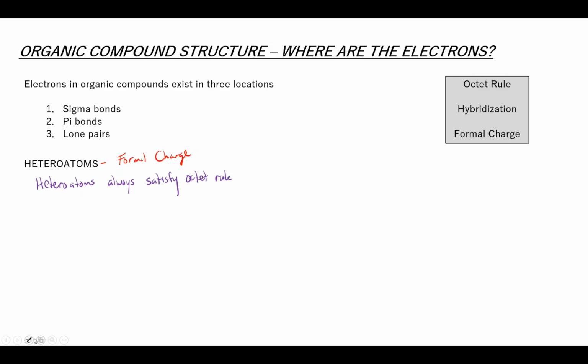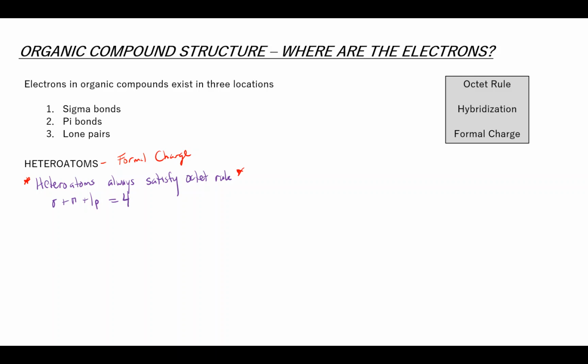Right, this one also gets some stars. This is an important statement. What this means is that any heteroatom will always have four pairs of electrons surrounding it, right? So the number of sigma bonds plus pi bonds plus lone pairs will always equal 4 when we talk about heteroatoms.